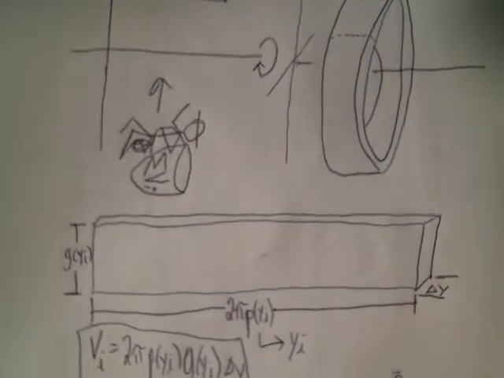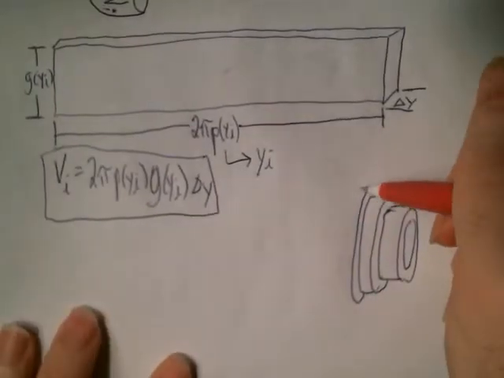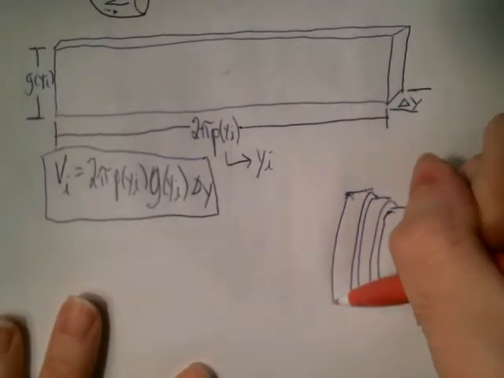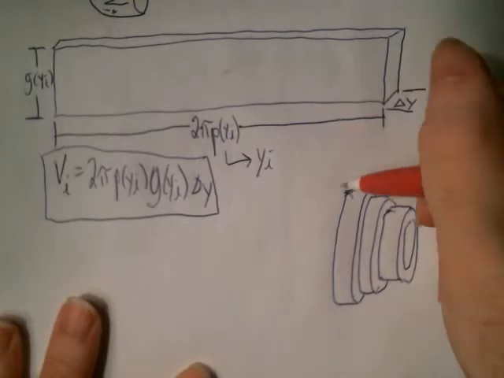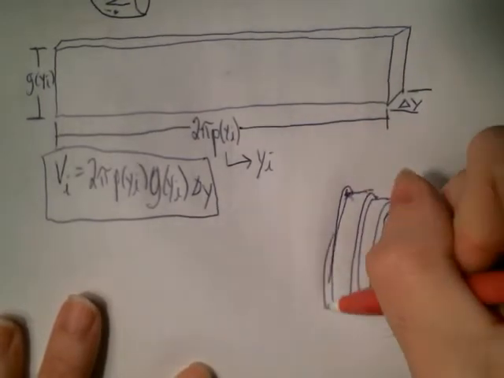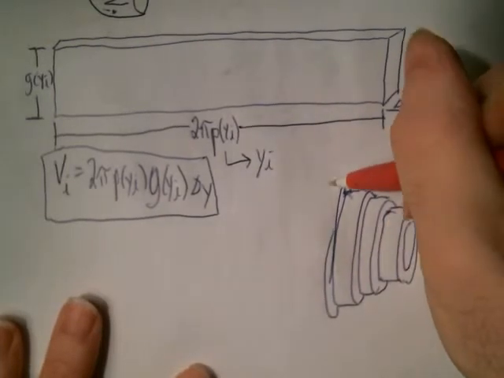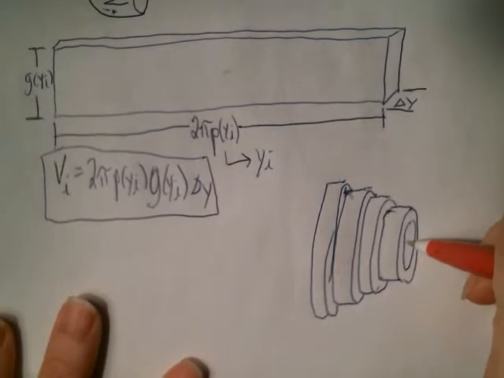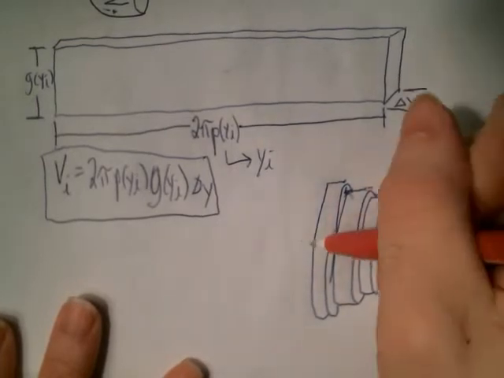I don't know, it looks something like this thing here would be the approximation that you're working with. At the end of the day, there's a hole in it, obviously.